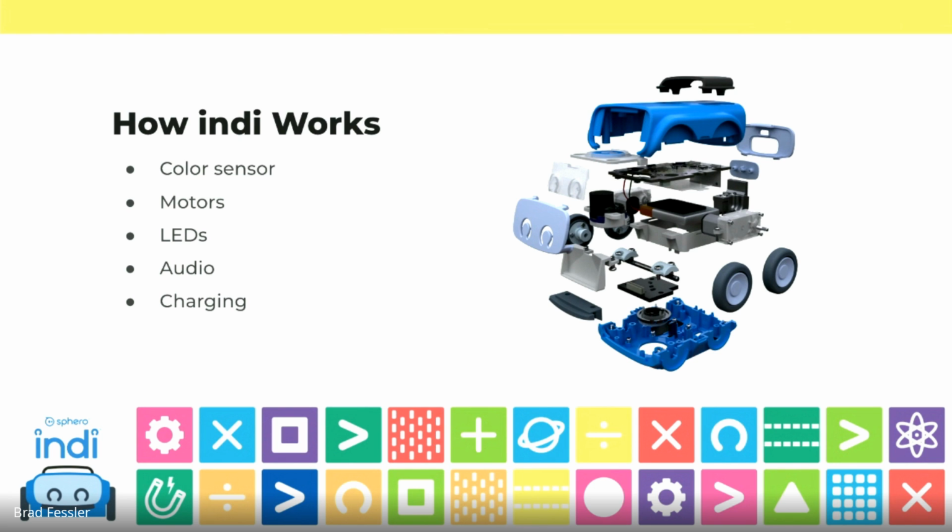If you have Indies that are maybe more than a year old, it's worthwhile updating them, meaning download the Sphero EDU Junior app and, one at a time, run the firmware update. Because what you can do with that new firmware update is when you pick up Indy, if you tilt Indy when it's picked up, it'll automatically stop.